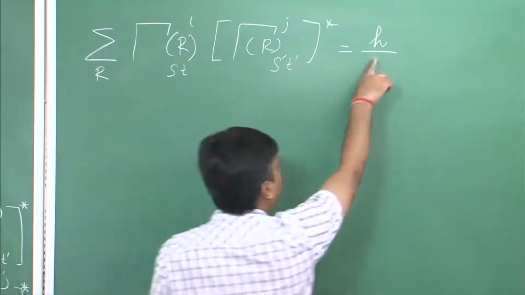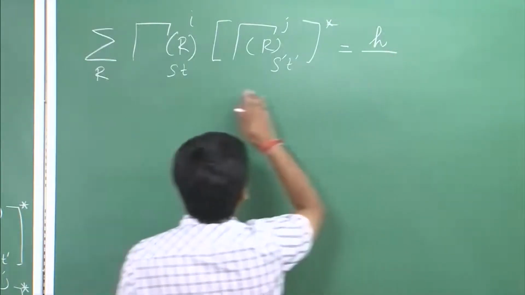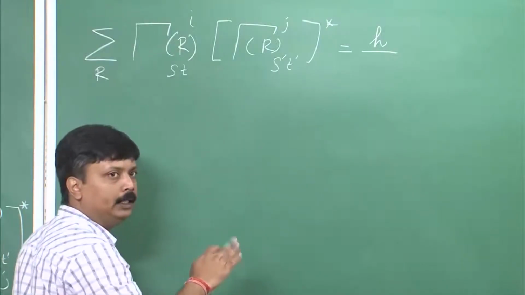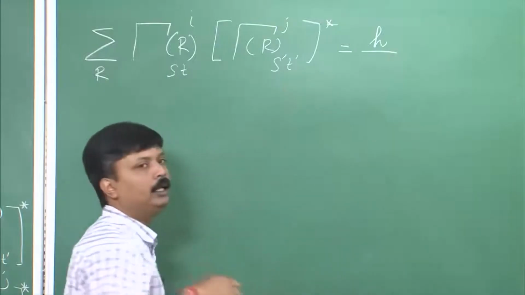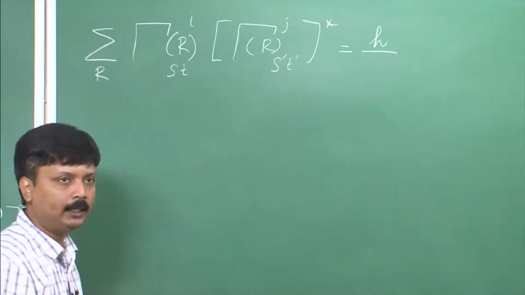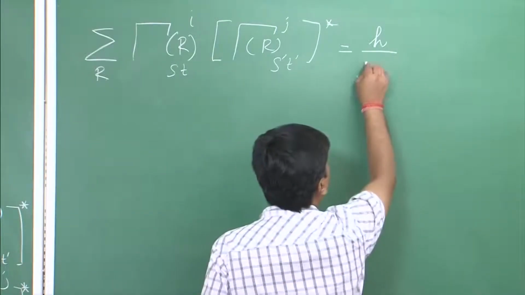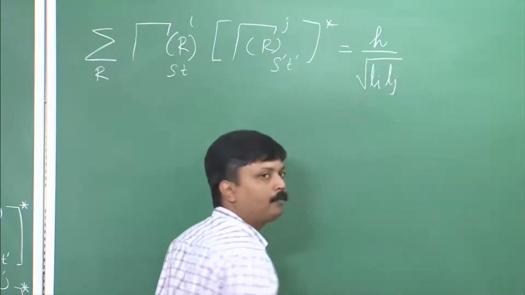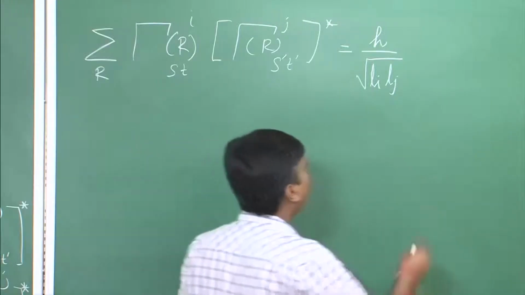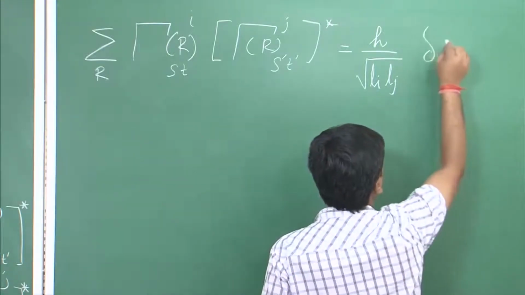So here is the order of the group, and then I have two different irreducible representations, ith and jth. Their dimensions, let us assume, are Li and Lj. Therefore, this will have Li and Lj, and then I will have a series of delta functions.